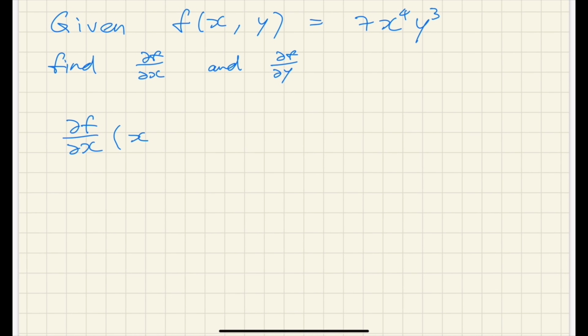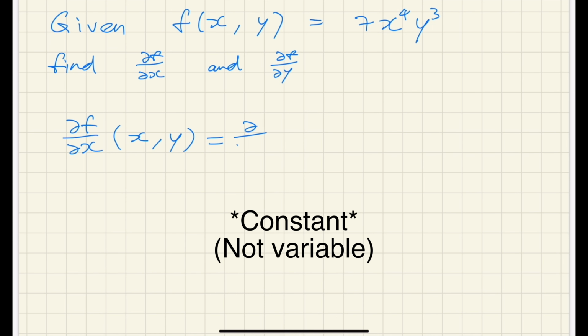So this concept of partial derivative is not as complicated as it sounds. All we have to do is to take one of the variables, isolate it, and look at it as if it's a constant. So for example, if we're asked to differentiate with respect to x, we take y as the constant.